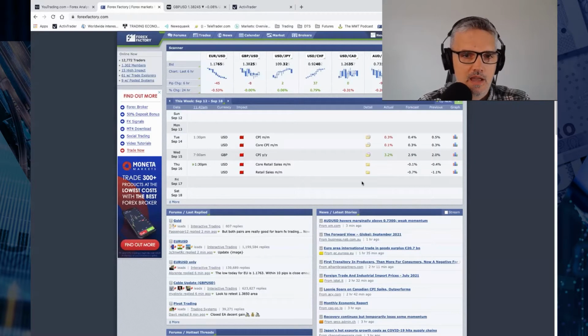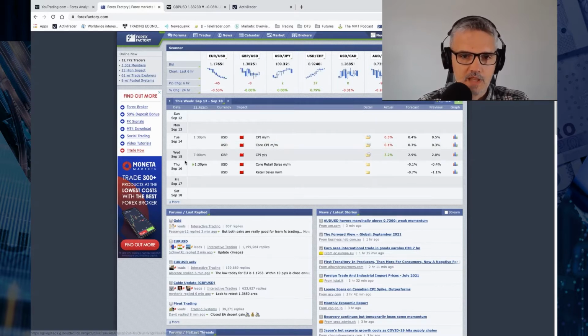If we go to an economic calendar, what I've done here is I've filtered out all of the scheduled information and just left the US dollar and the British pound tier 1 data. So on Tuesday, 2 days ago, we had the US CPI, and that came in weaker than expected.